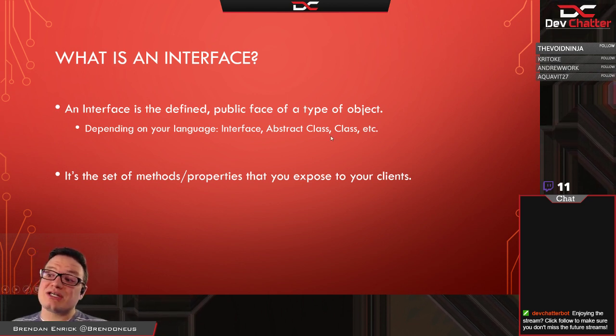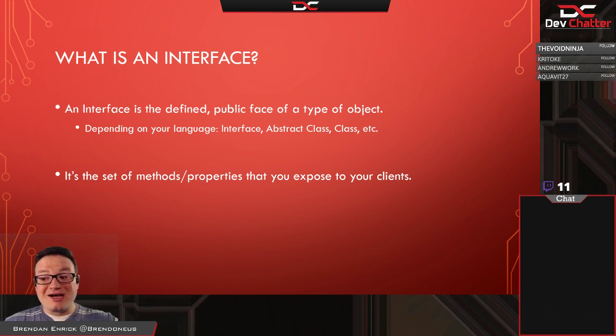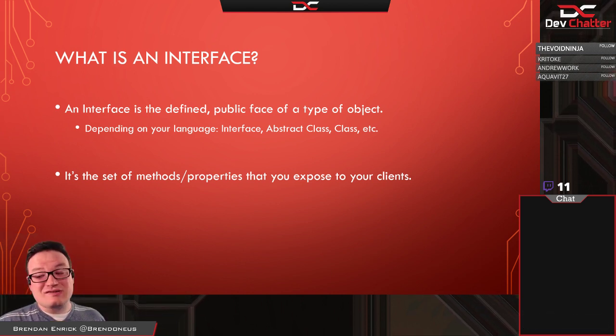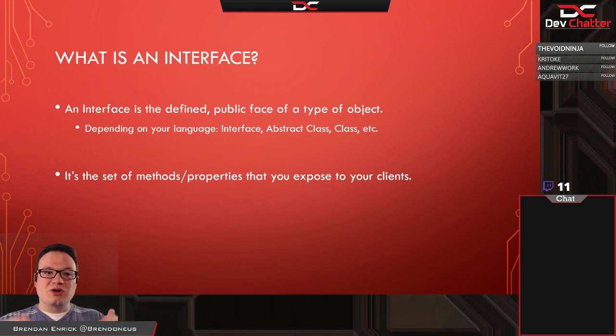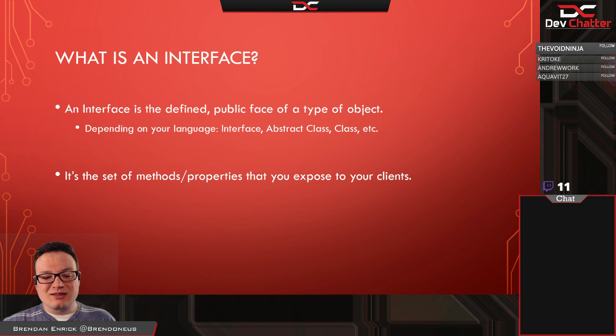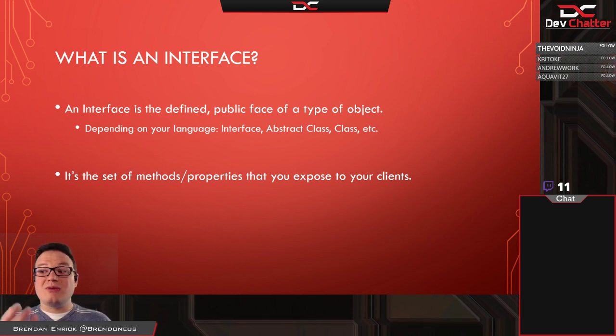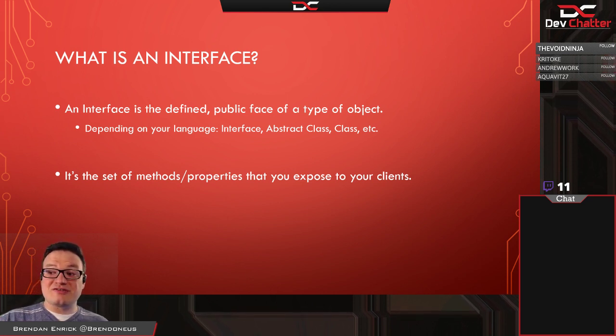So in some languages they don't have an interface like we do, but they still have this concept, because really the interface is essentially the definitions of the methods and properties that you're exposing to your clients. So if your client uses you as the concrete class, that's your interface. Now, in your code base, you might define a class and never intend to use it except as its own interface.